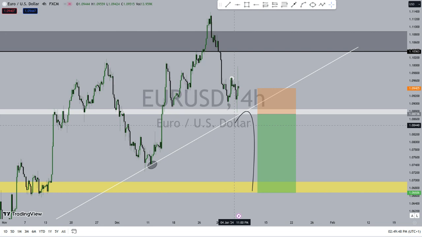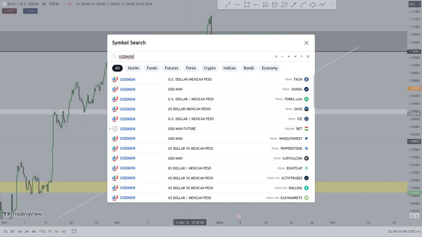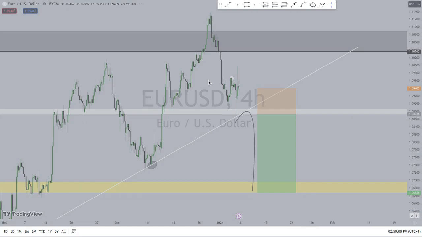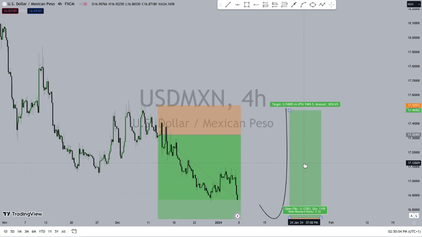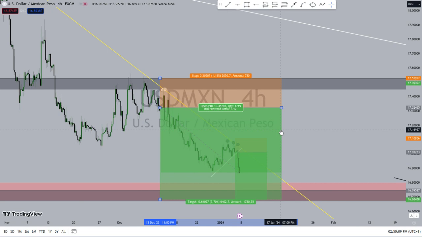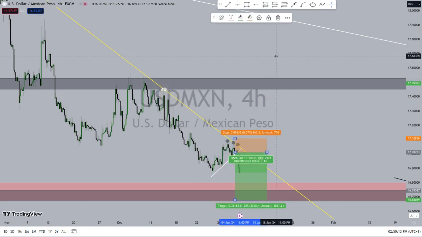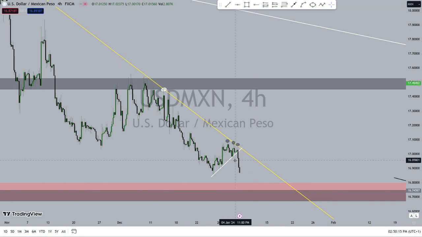Our next pair on our list here is USD against the Mexican peso. I know this pair is kind of not traded by all.